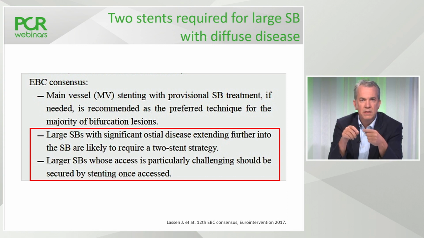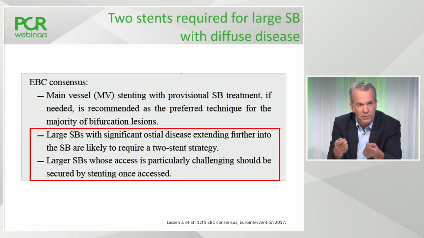In other words, the side branch ostial and proximal lesion essentially in its own right warrants stenting. And in that setting you can quite reasonably plan a two-stent Culotte strategy. You can also do a provisional strategy as well, but that's one indication for two stents.